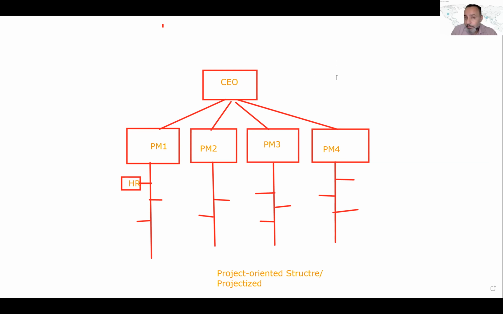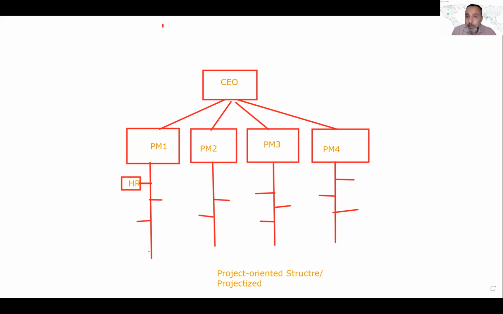Of course, as a project manager, you will always probably prefer to work in a more supportive structure such as the projectized structure, because here you have all the authority and all the control that you need over your project. While, for instance, if you work in a weak matrix, then even if you are given the title of project manager, because sometimes they give you the title, you actually cannot take any decision without going back to some of the functional managers.